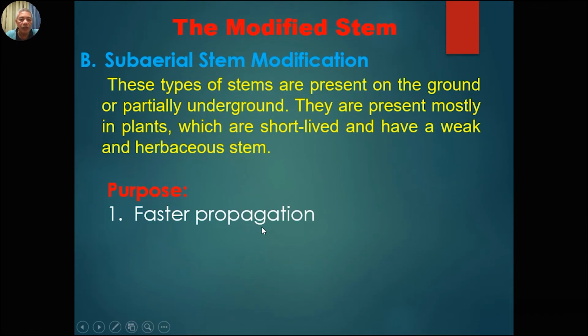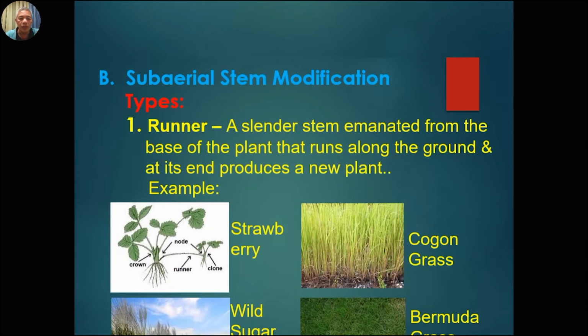Next category of modified stem is subaerial stem modification. These types of stems are present on the ground or partially underground. They are present mostly in plants which are short-lived and have a weak and herbaceous stem. And the very purpose is faster propagation.